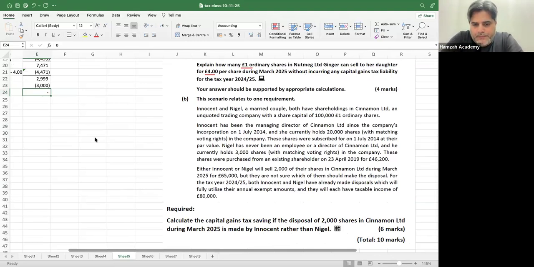Innocent and Nigel, a married couple, both have shareholdings in Cinnamon Limited, an unquoted trading company with a share capital of 100,000 £1 ordinary shares.